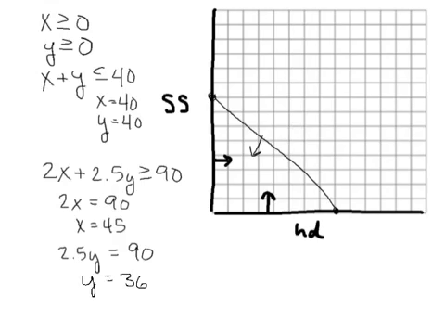X is 5, 10, 15, 20, 25, 30, 35, 40, 45. And y is 36. 5, 10, 15, 20, 25, 30, 35, 36. Get your straight edge out. Graph your line. And this one is pretty tricky.